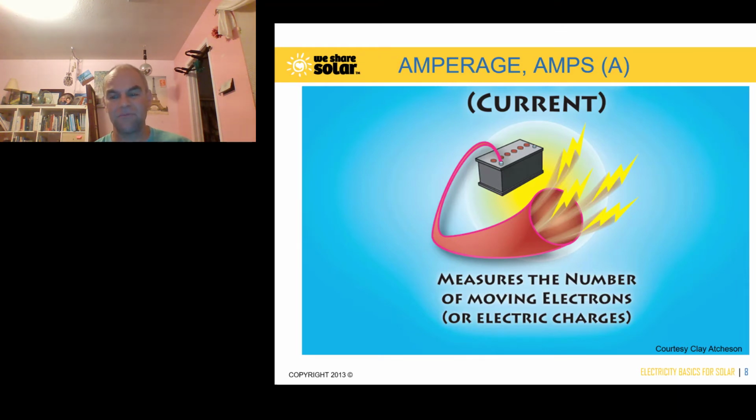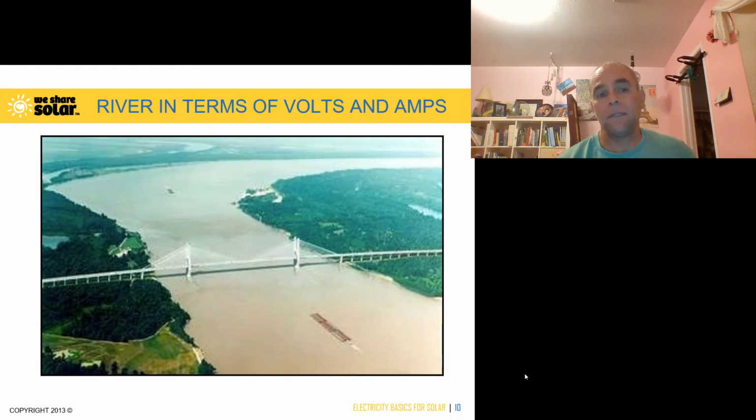Again, it's kind of like the number of electrons moving through a circuit. Now in this picture here, this is a photo of the Mississippi River. What would you say compared to the waterfall? In this case, would you say that you're looking at a large voltage difference? Like you said, comparing it to the waterfall, would you say that this one is a big voltage difference?